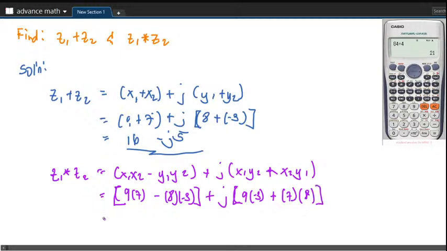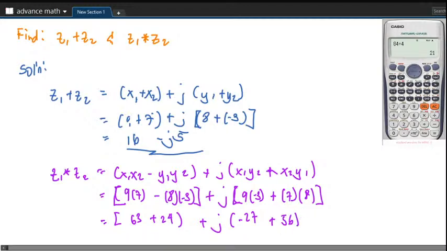So we have 9 times 7, that will be 63, negative 24, so that will be plus 24, plus j, negative 27, that will be 7 times 8, that will be 56.